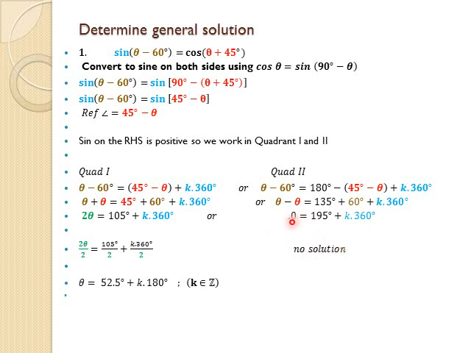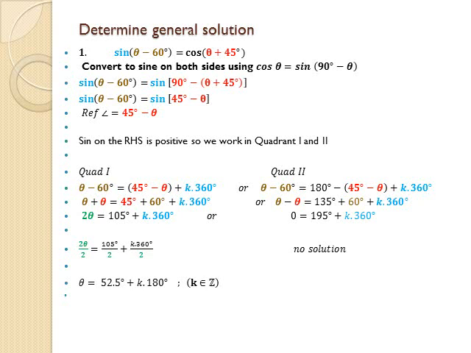I'm not solving anything there. So here theta equals 52,5 plus k times 180, k an element of the integers. As you can see, most of the rest is the same. The concept is we have to get used to either making sine or cos. I've done both versions, where we make both sides sine or both sides cos.